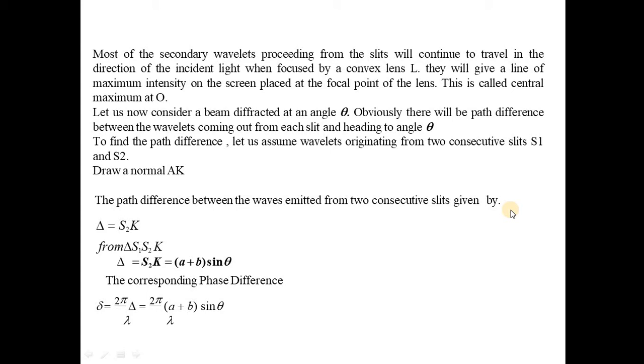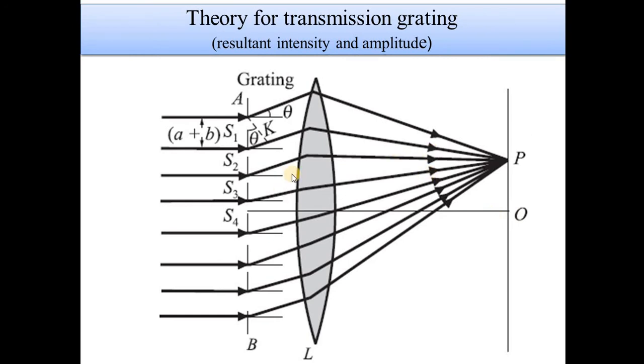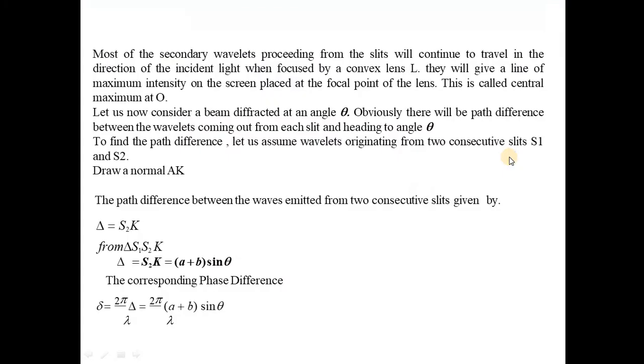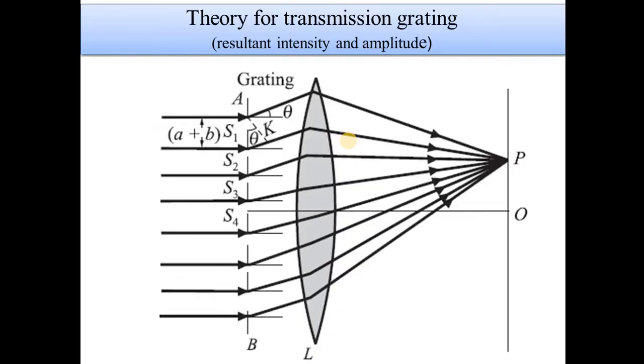Next, some of the rays or secondary wavelets are diffracted at an angle theta. Suppose these waves meet at the point P. To get the superposition pattern at the point P, we have to find the path difference.